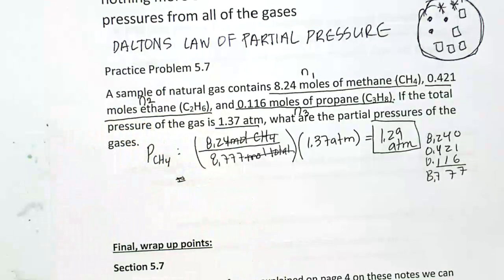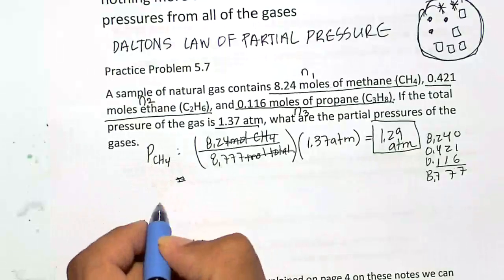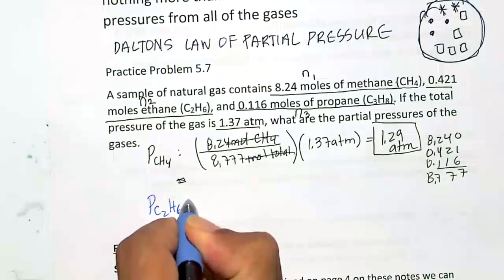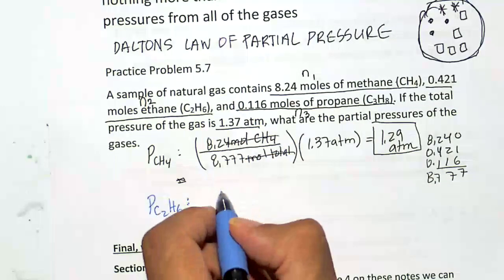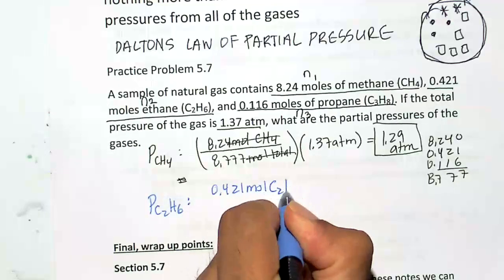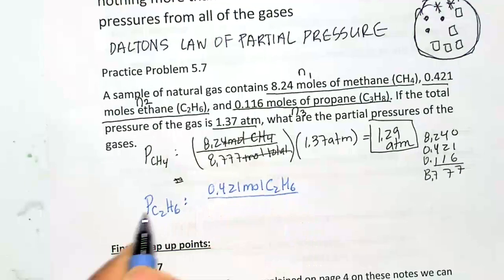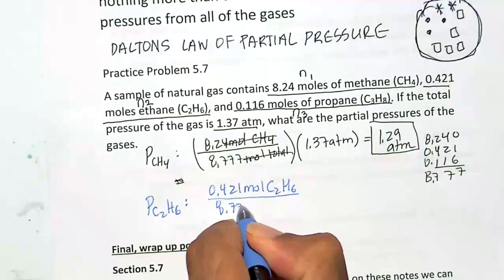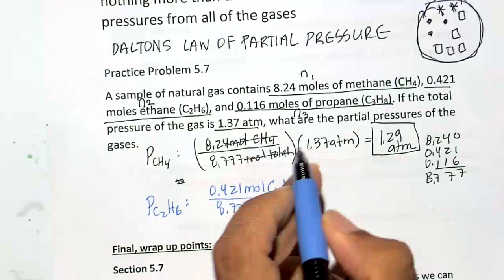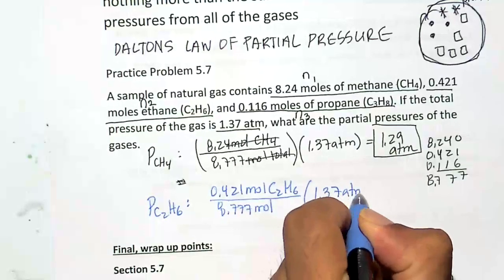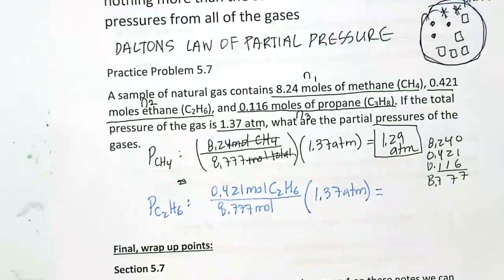How about the partial pressure of C2H6? Let's do that one together. This is called ethane. This is 0.421 moles. And our total, the fraction of this is 8.77 moles total. And the total pressure is 1.37 atm.